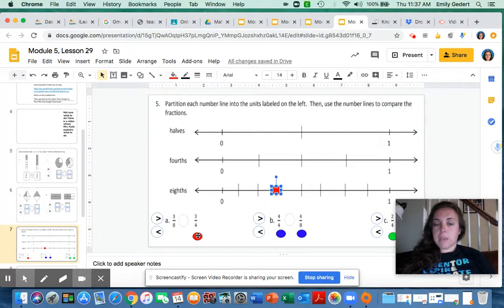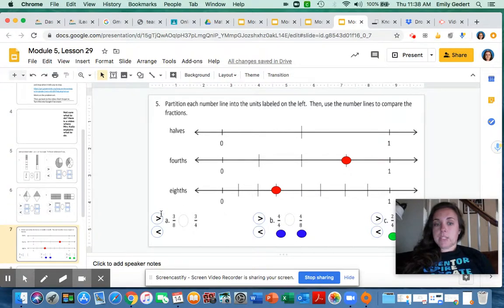So make your cursor the 4-pointed arrow, go up to the fourths. We've got 0, 1/4, 2/4, 3/4. Okay, once I did that, I'm going to move that down a little bit, and I can see that the one closer to 0 is the 3/8. 3/4 is bigger because it's farther on the right.